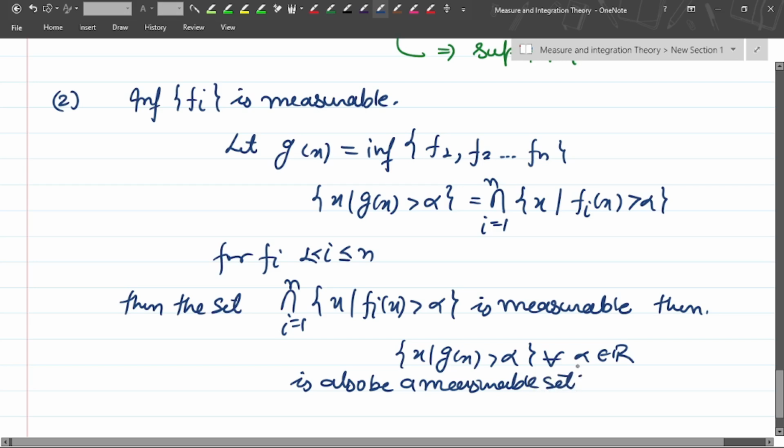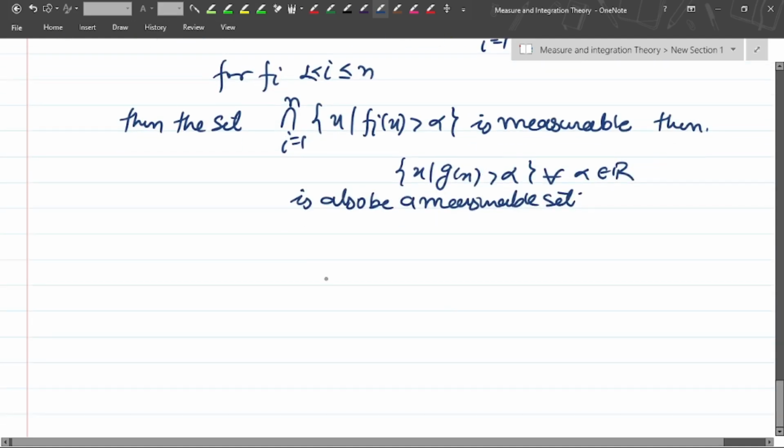It means the infimum of fi is also measurable.